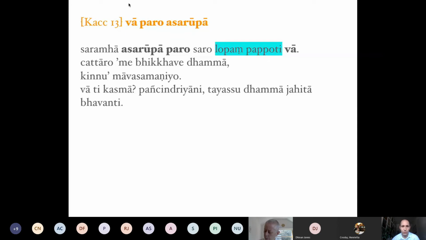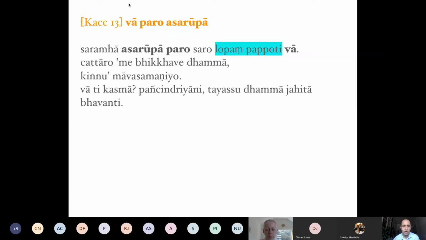So here, paro stands for the same swara that in Kaccāyana 12 is expressed in the locative. That we understand from the meaning. It's not entirely clear from the structure, but we also need to look at the meaning and, of course, at the Vutti. I think it will become a little bit more clear as we advance in the reading, because the way the Anuvutti works in Kaccāyana 12, 13, and 14 is a little bit complicated.